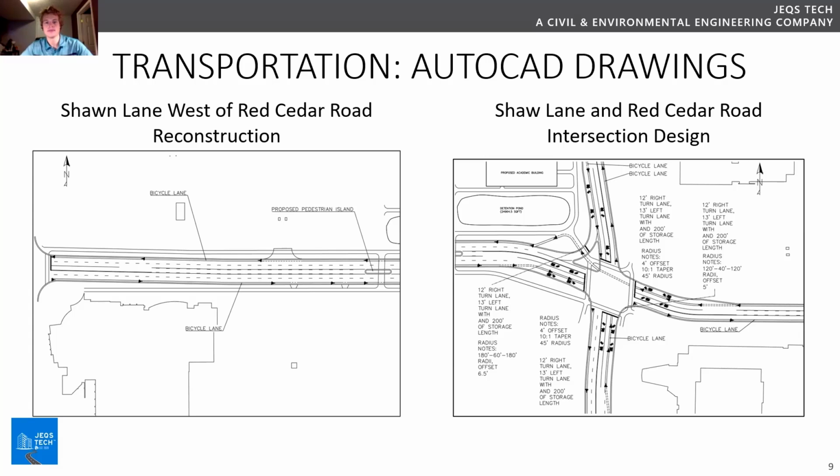It's 2 lanes in each direction with a center turn lane, so there needs to be a pedestrian island for pedestrian safety. On the right-hand figure, we see the intersection geometry and the design. We have all the radius notes and everything detailed in there, and it was designed using the AASHTO Green Book.